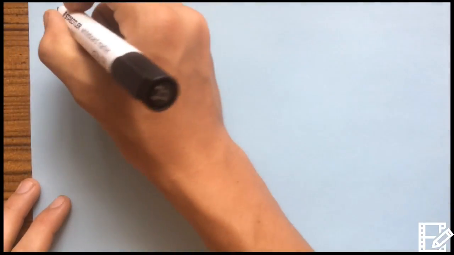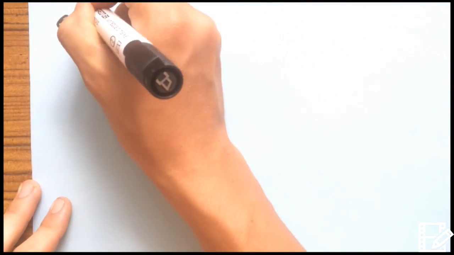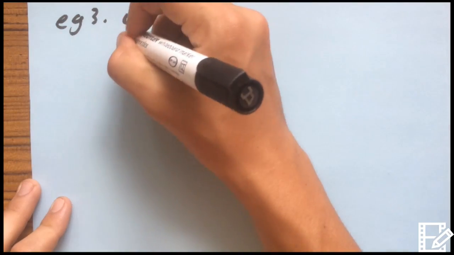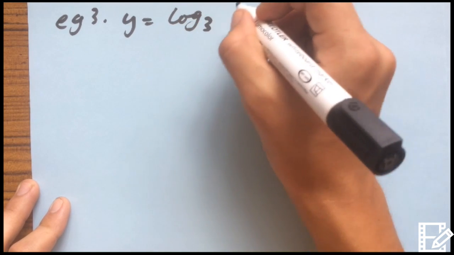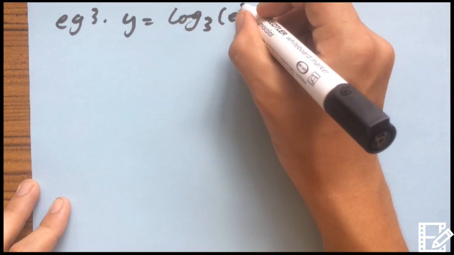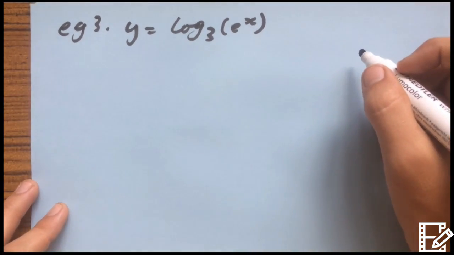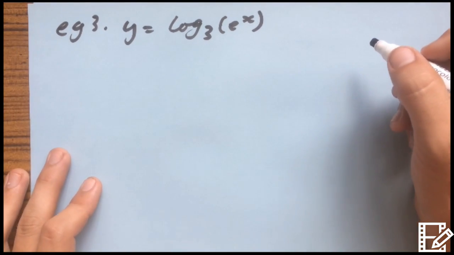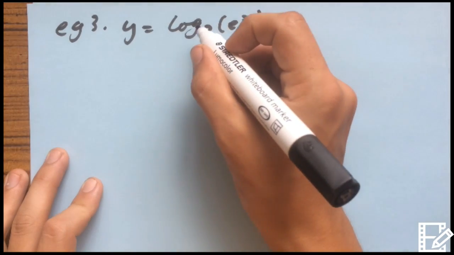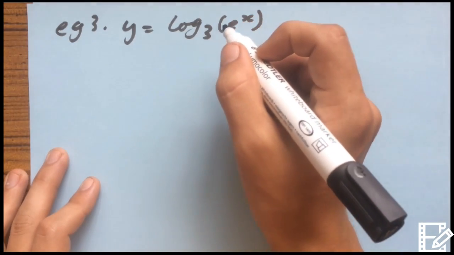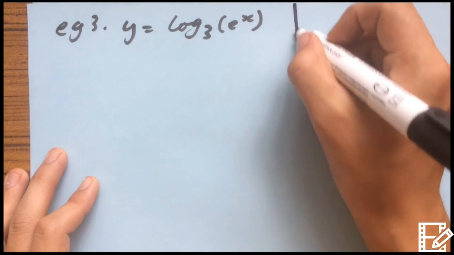Let's do another example. Let's say we have log to the base of 3 of e to the x. The inside function is e to the x, and the outside function is log to the base of 3 of e to the x.